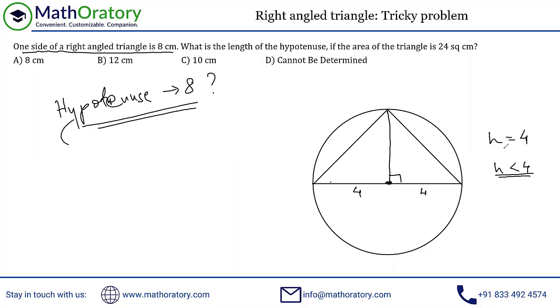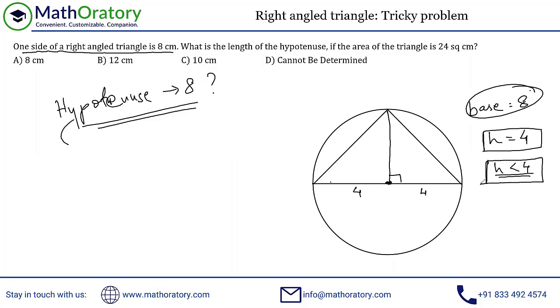So if you consider the base being 8, the height could be either 4 or less than 4, right? So the area of this triangle will be either half into 8 into 4, or less than half into 8 into 4, right? So the area of this triangle will be less than or equal to 16, right?